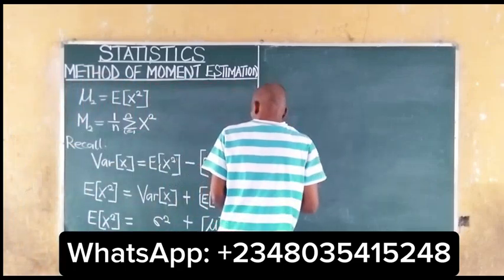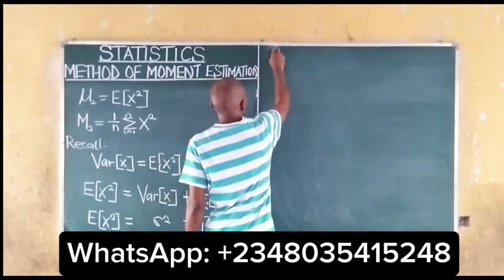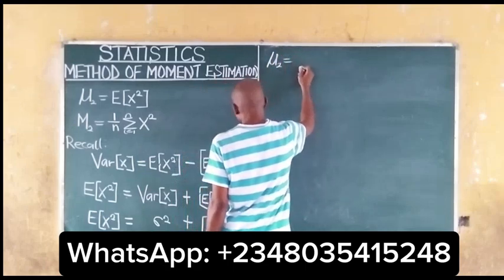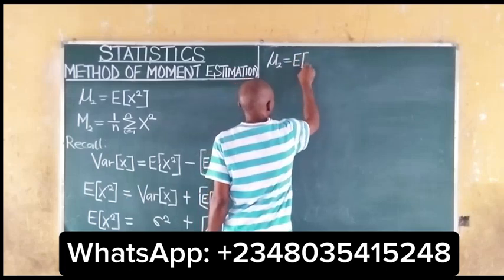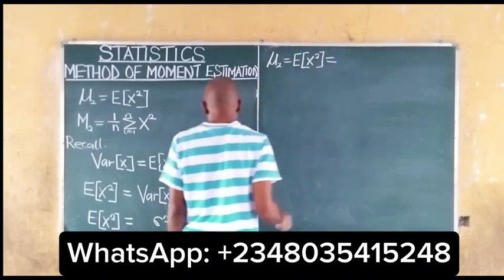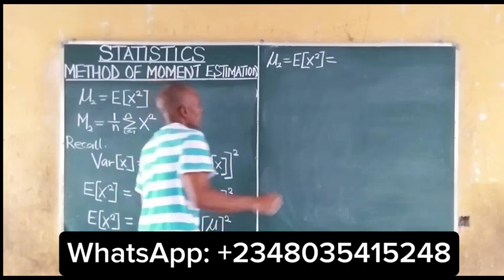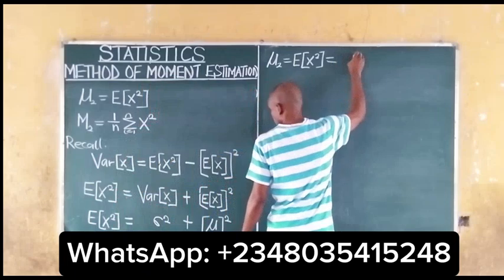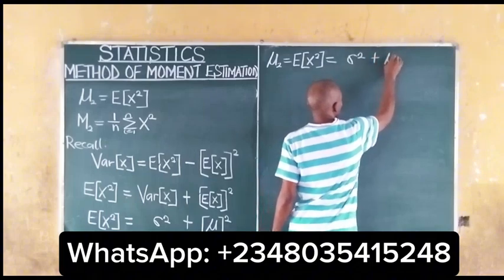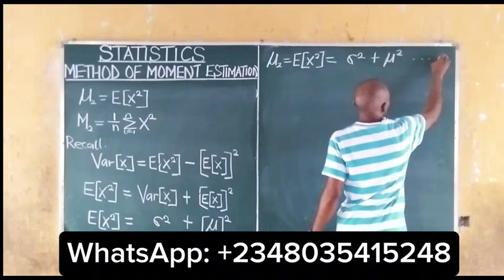Now, it then means that we can write our mean for the second moment to be the expected value of x squared. Initially, we said we don't know what it is. We can write it as sigma squared plus mu squared, which will now become our equation 3.